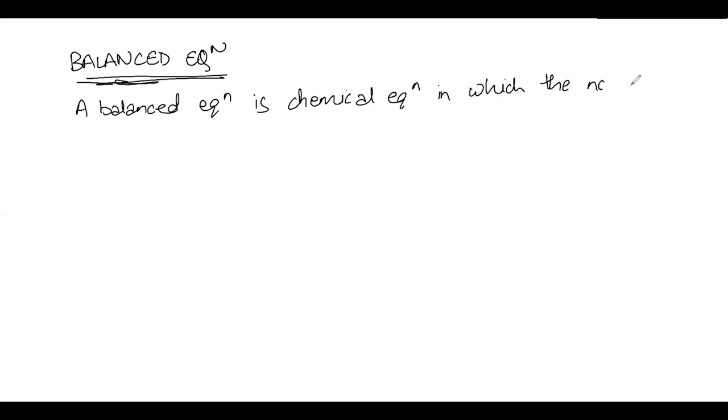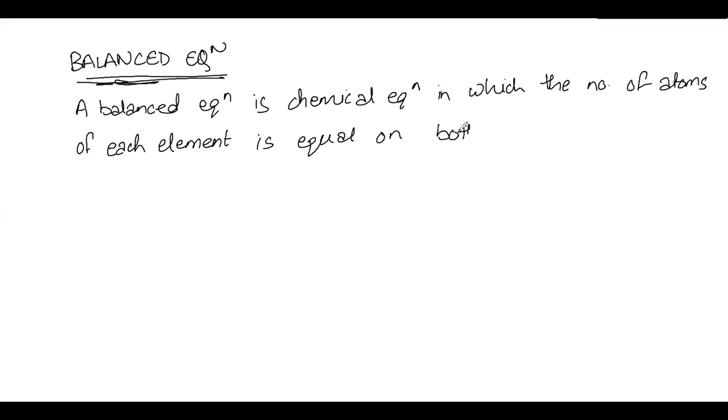Balanced equations. So going with the definition first, a balanced equation is also a chemical equation in which the number of atoms of each element that is present in the reaction is equal on both sides.